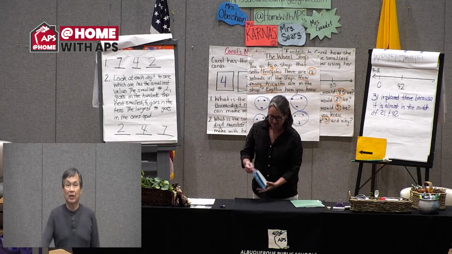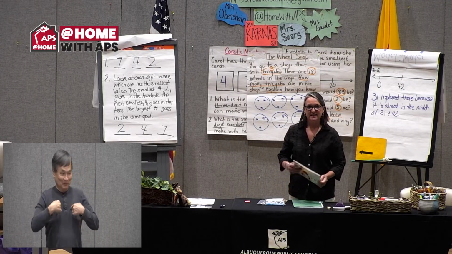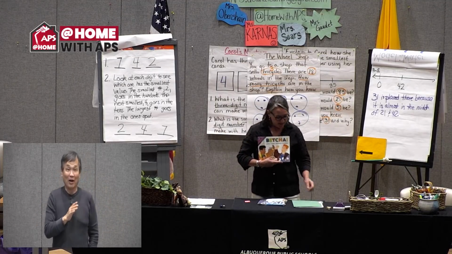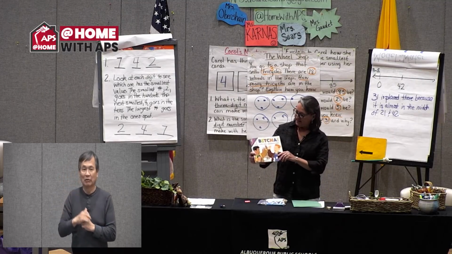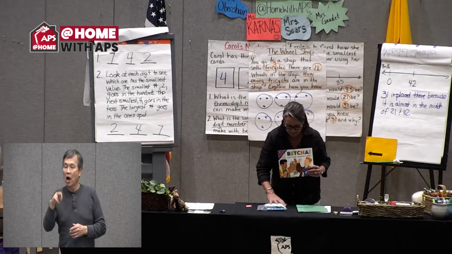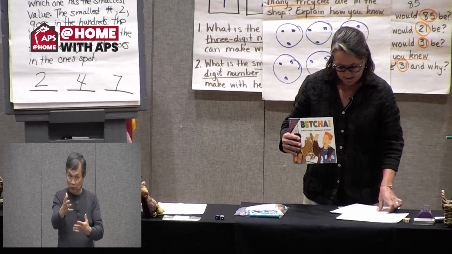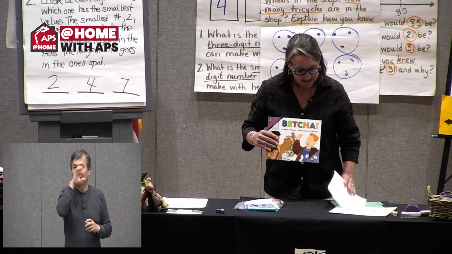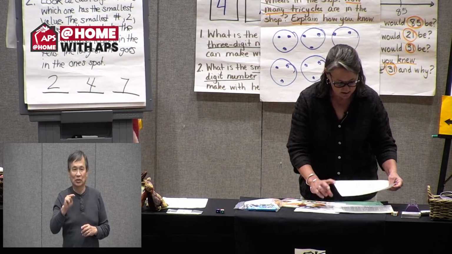Hello and good day, mathematicians. Miss Carnes here with you today, and today I'm here to read a book to you. This book is called Betcha, and it is by Stuart J. Murphy, and it is a Harper Trophy book. So guys, I want to tell you that this book is all about estimation. And estimation is a really valuable skill.